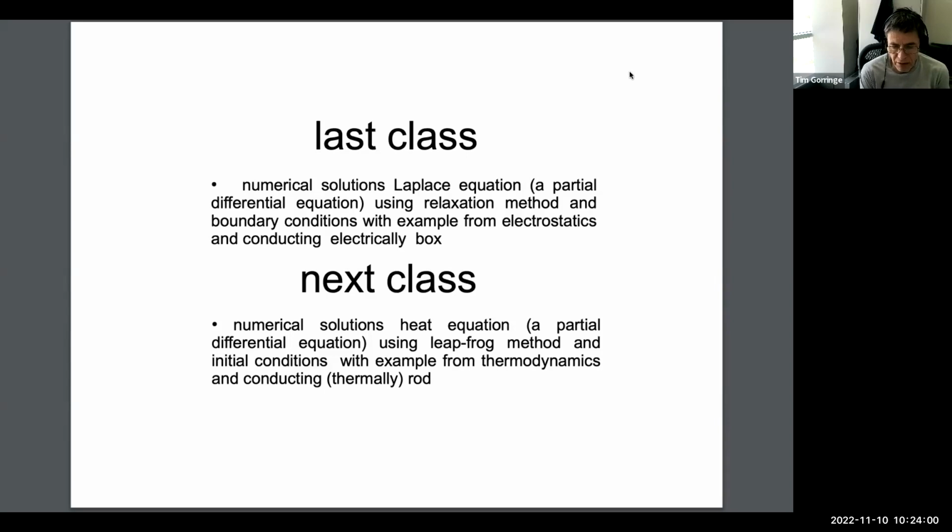In today's class, I want to examine the heat or diffusion equation. We're going to solve that numerically. We're going to solve it using what's called the leapfrog method, and we're going to look at examples from thermodynamics.